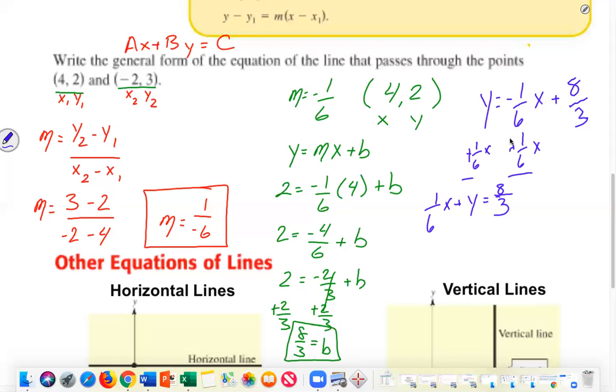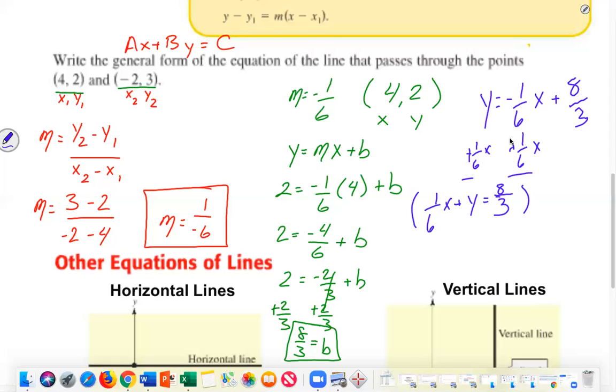But here's the thing. Are those fractions? They could be, but they're not. Those are fractions, right? How do I get rid of the fractions? Which should I multiply by?